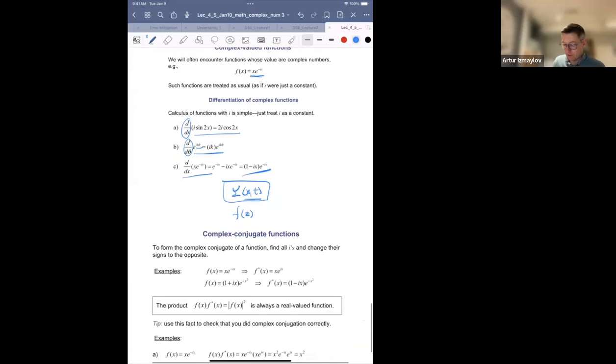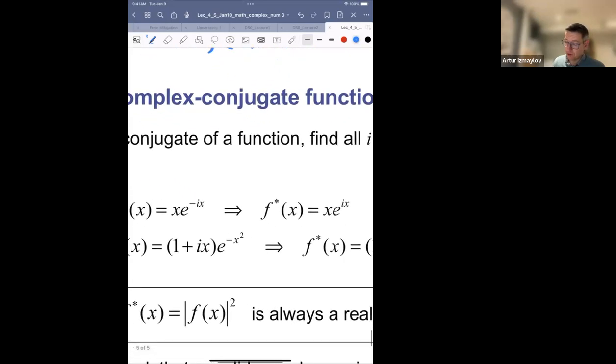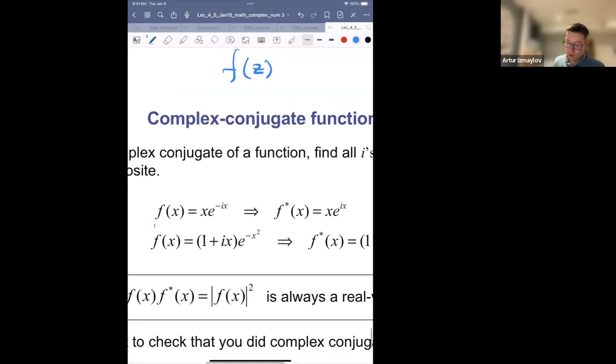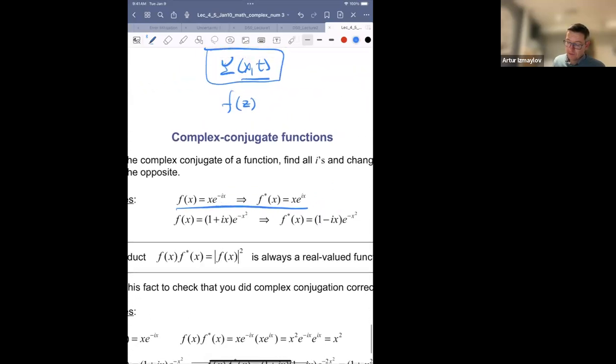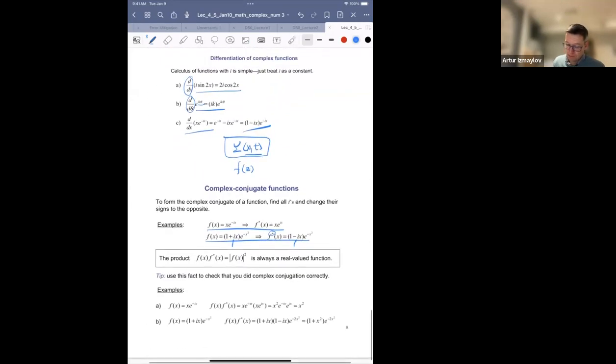Nothing complicated. Okay, so if we want to conjugate functions, we do it the same way. We just change the sign of i, really. Here's a simple example. And this is another example where you find i and change the sign when you do the conjugation. So there is nothing difficult here.